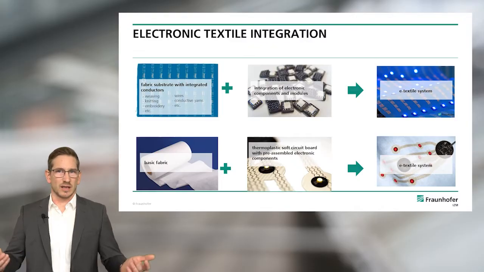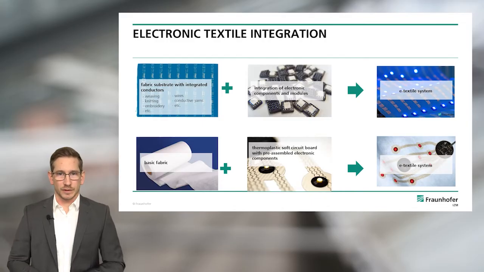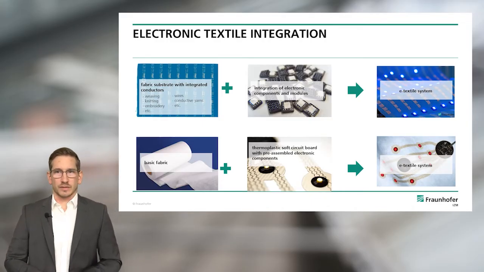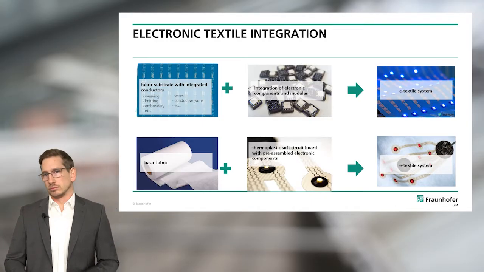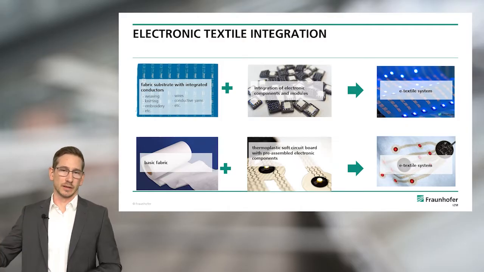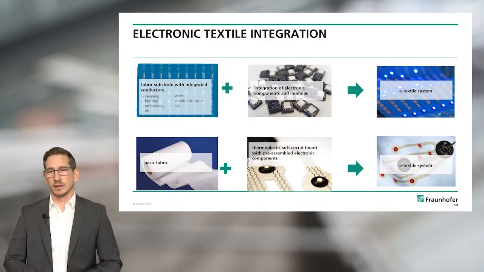That can usually be made of thermoplastic foils, and that can, for example, be lithographically structured copper on thermoplastic foils, but also all the printed electronics that is then later integrated into textiles is basically going this way.